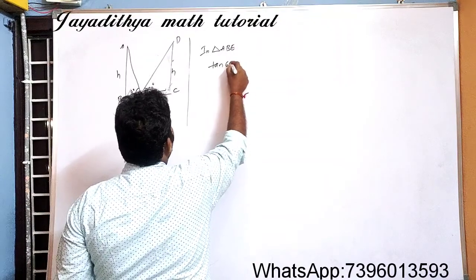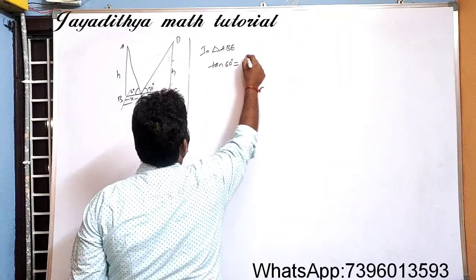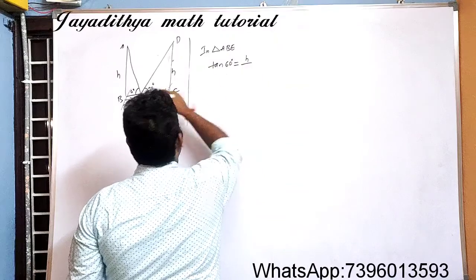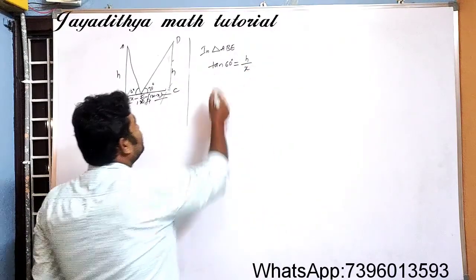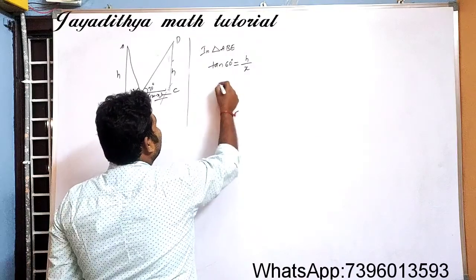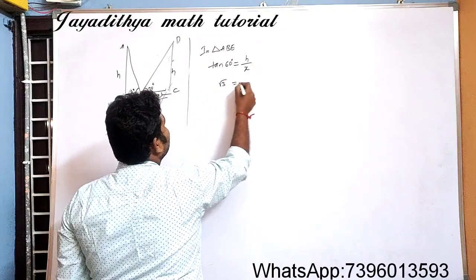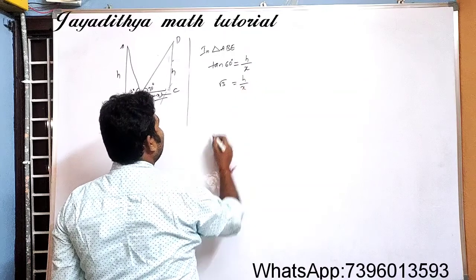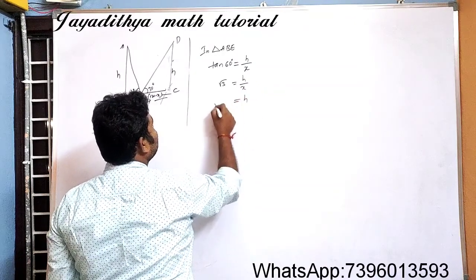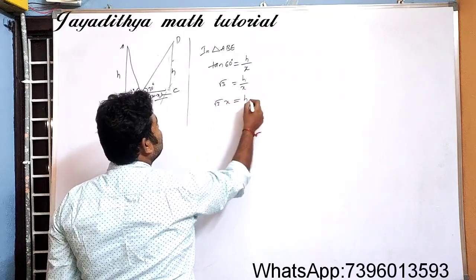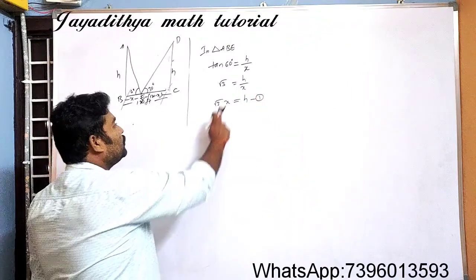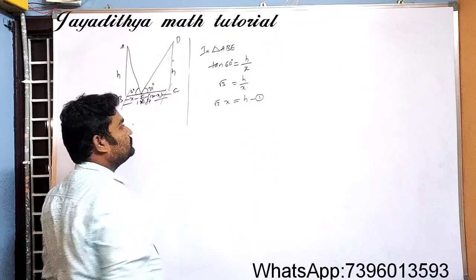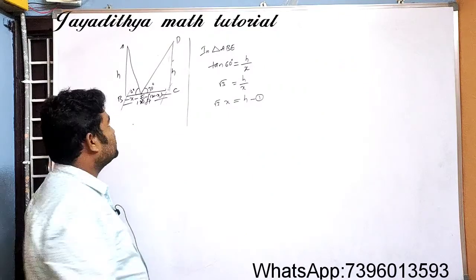So tan 60 will be equal to opposite, that is h, by adjacent, that is x. What is the value of tan 60 here? Tan 60 is equal to root 3, which is equal to h by x. So from this, h is equal to how much? It will be root 3 x. Take this as equation 1.